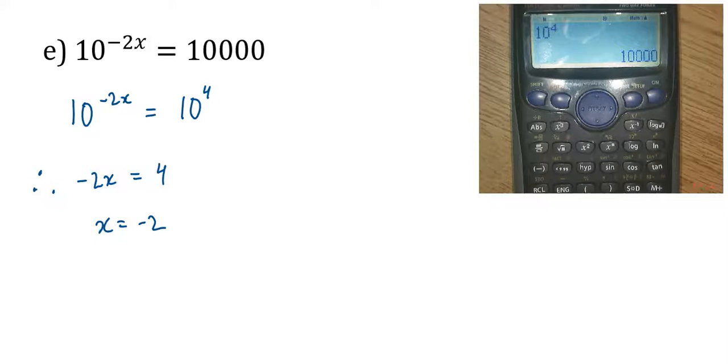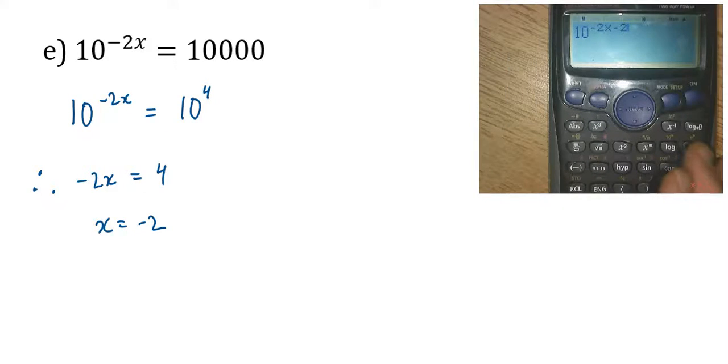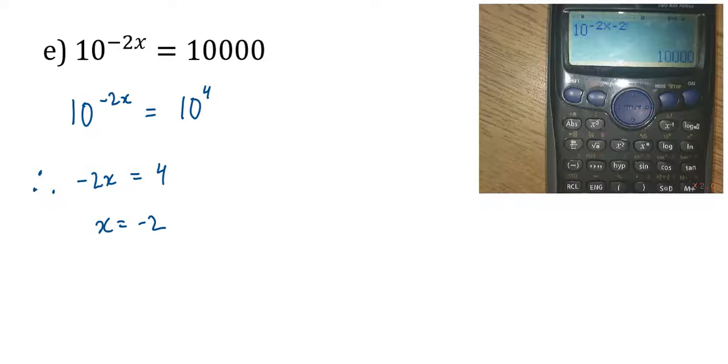I want you to have your calculator ready because you're going to do some of this guessing and checking as well. 10 to the negative 2 times, now my answer, which is also negative 2. Because I have a good calculator, which most of you do, I can type it in exactly like that, hit equals, and I notice that I get 10,000, 10 with 4 zeros, just like the question, so we're good.